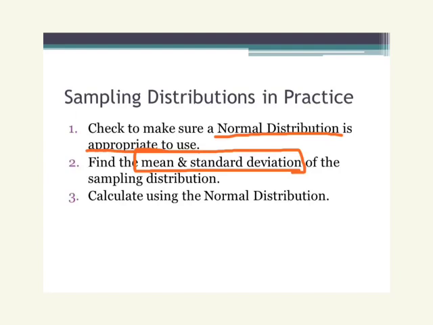And then finally, our last step is to actually do our calculations using that normal distribution. This should be the step that we are very comfortable with. We've calculated with the normal distribution many times in this class. Hopefully by now you know you have two options. You can either use z-scores to do your calculations, which would involve your gold packet as well, or you can use your calculator.